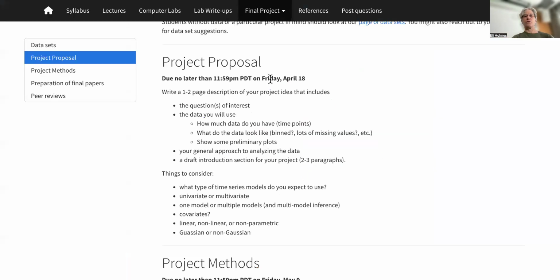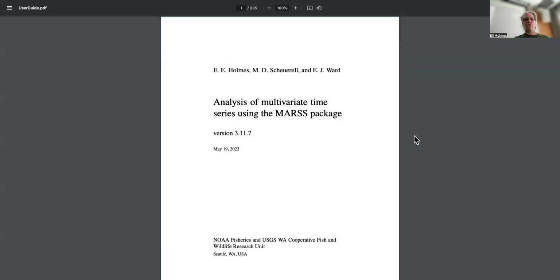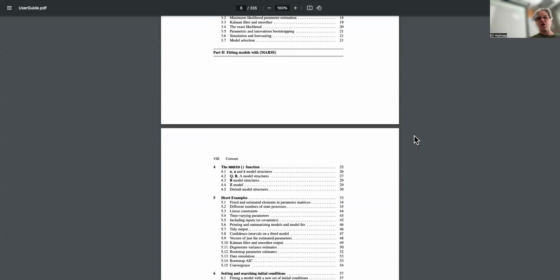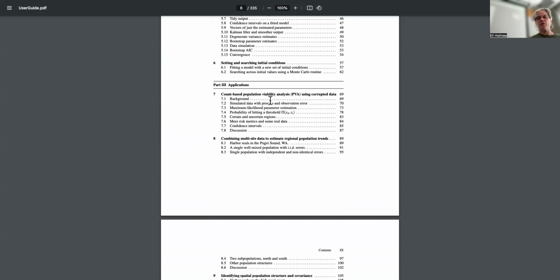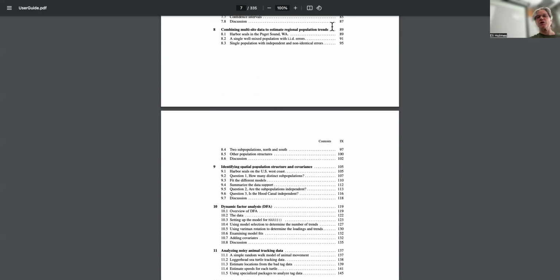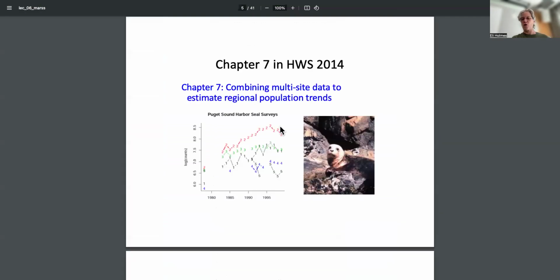If we go over to the references, you'll see this is the user guide for the MARSS package, and it has lots and lots of chapters on examples. This is actually example 8 here, combining multi-site data to estimate regional trends. We're going to go through a simplified version of that and walk through the logic.